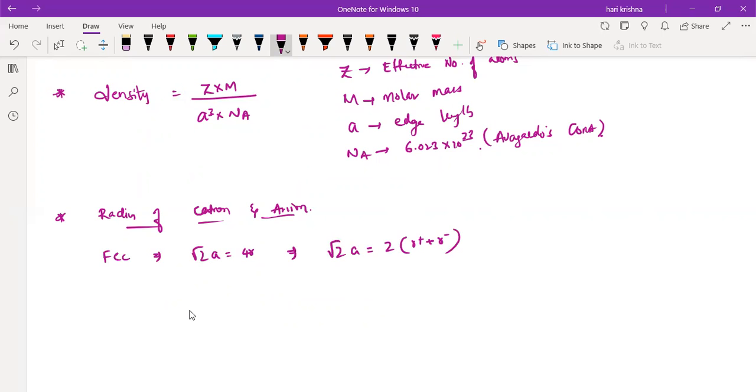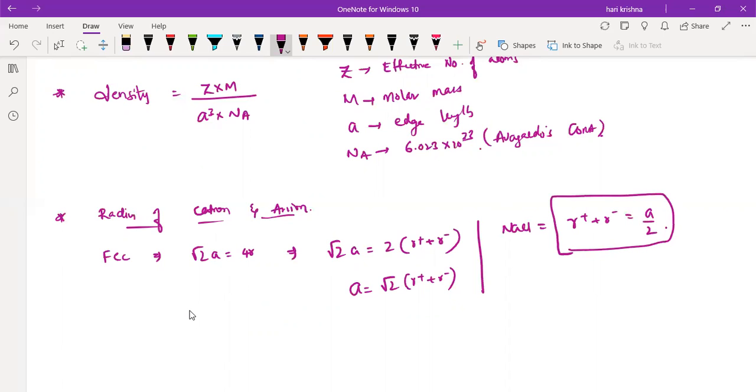If you solve this, what will you get? A is equal to root 2 (R plus plus R minus). We'll use this formula. But for the NaCl structure, we'll use R plus plus R minus equal to A by 2. This is the formula we'll use for the NaCl structure whenever the radius of cation and the radius of anion are given along with the edge length. Suppose in the problem they give the edge length and the radius of the cation, and they ask for the radius of the anion. Then you have to use this formula.